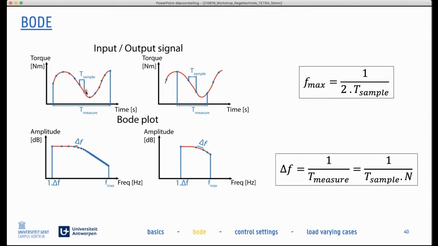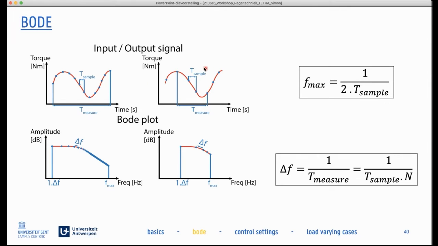Moreover, we also define the sample time, the time between two samples of our input signal. And by playing with the measurement time and the sample time, we have a large influence on the actual resulting Bode plot.